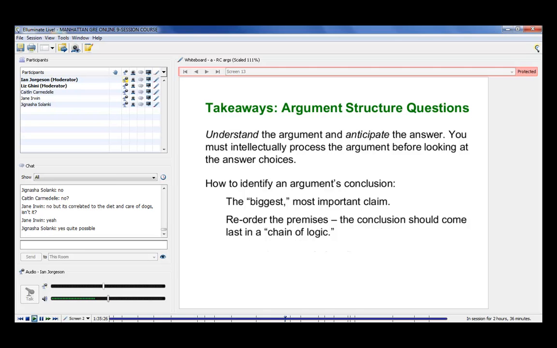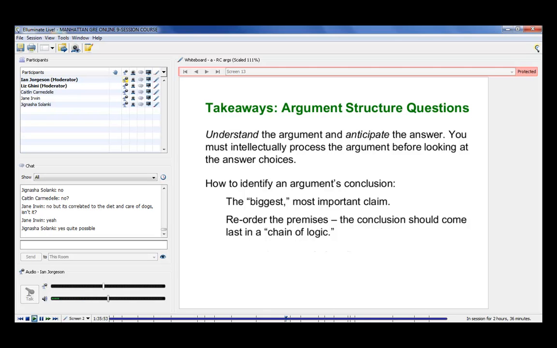And that means not just reading it and hoping for the best, but reading it and notating what the important parts are. Trying to think about how the parts of the argument are connected. Is this supporting the conclusion? Are these two facts connected because one of them explains the other? Is this fact in contradiction to that fact? Try to understand how the parts of the passage work together, how they fit together.